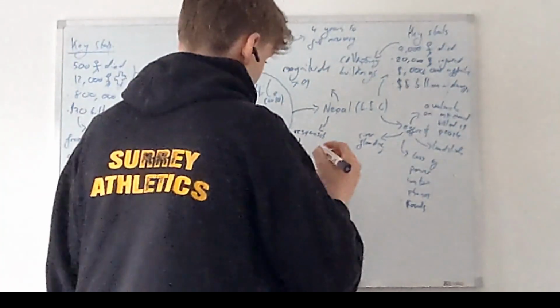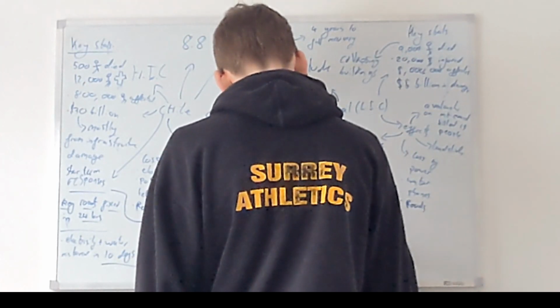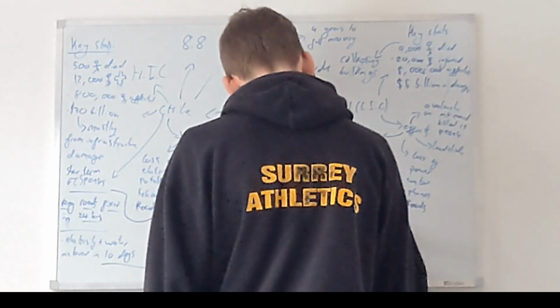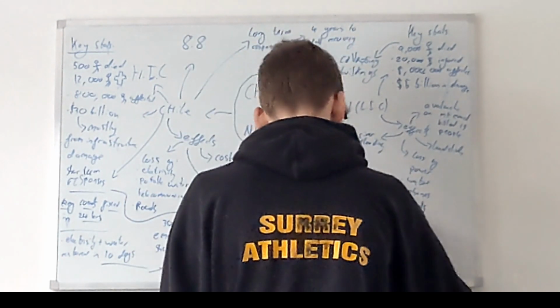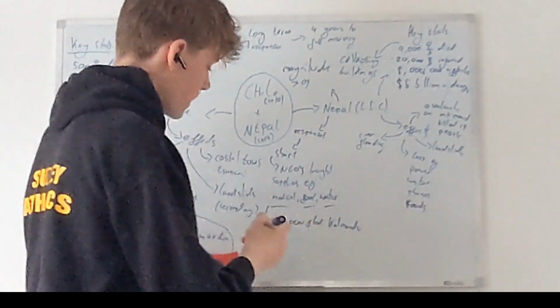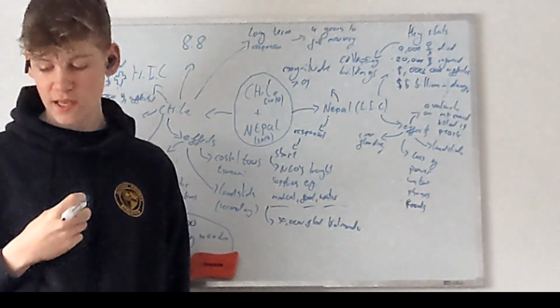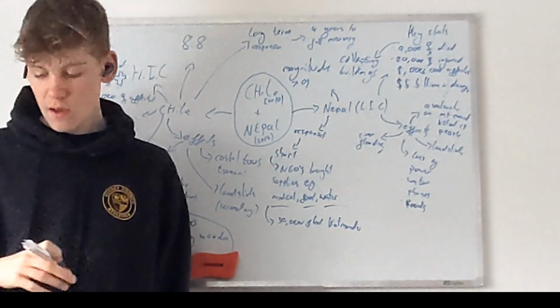The government also urged people basically to flee. So 30,000 fled Kathmandu. I don't think that's how you spell it, but 30,000 left the capital of Nepal, which is Kathmandu, and people were urged to leave until they could sort everything out.